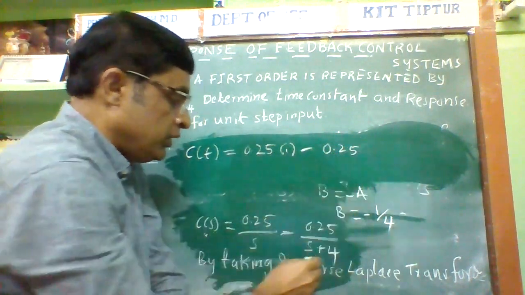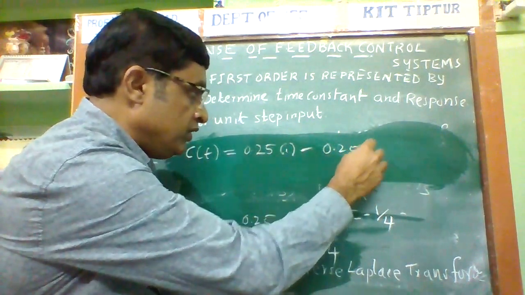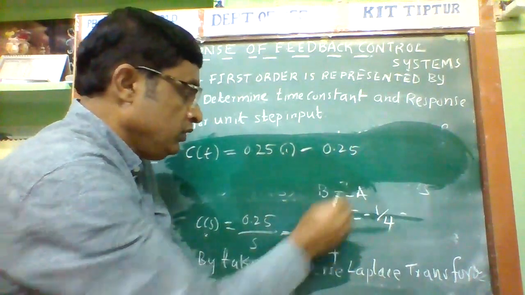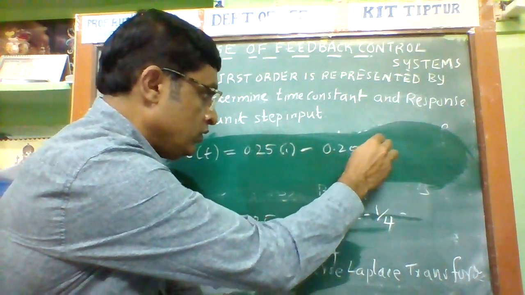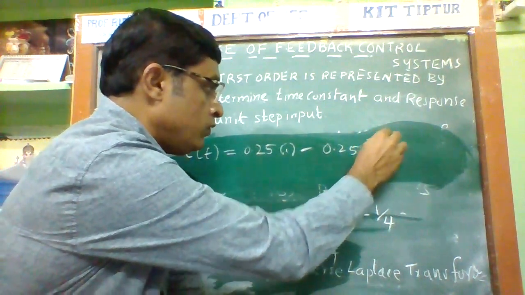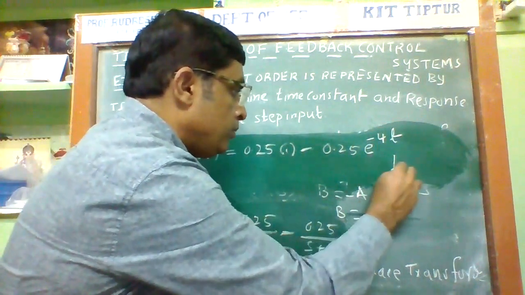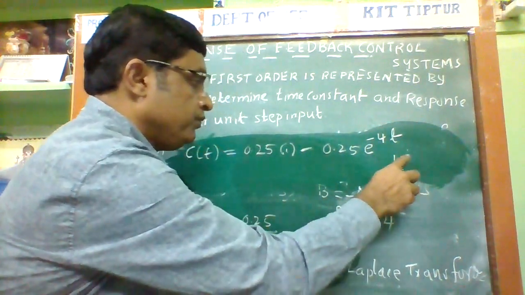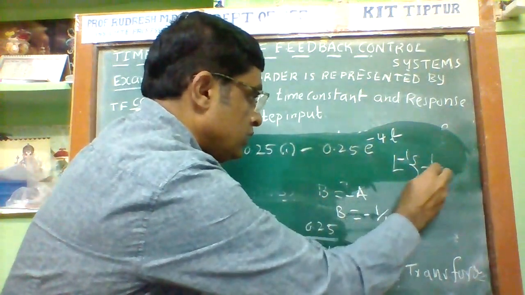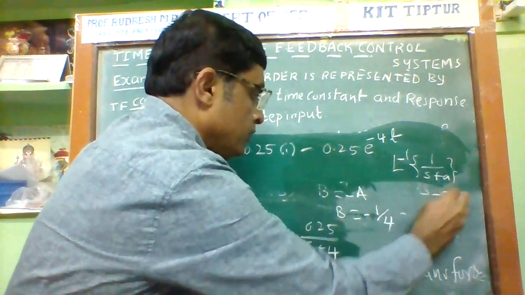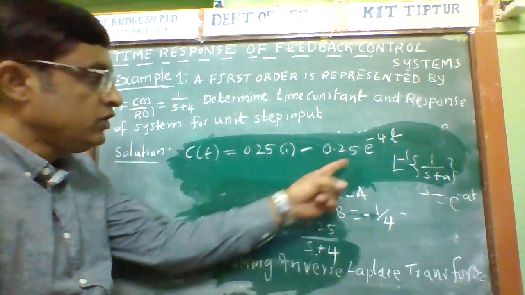The inverse Laplace transform of 1 by S plus A is e power minus at, so this becomes e power minus 4t. By using this relation, I have written this.